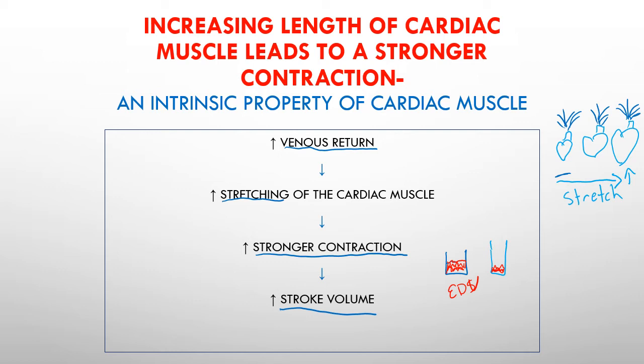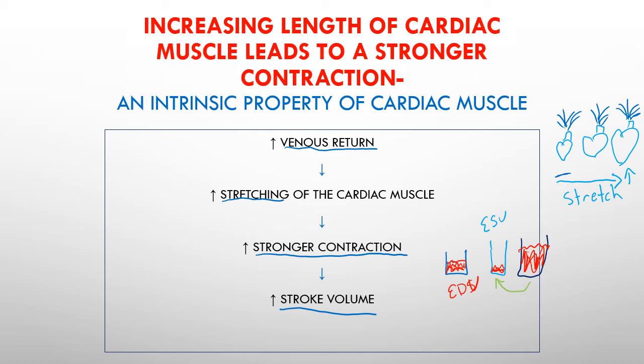Now, if we increase our venous return, and all of a sudden our amount of blood that we have is now way up here, in order to get back to this point here at our end systolic volume, we need to have a greater, stronger contraction.